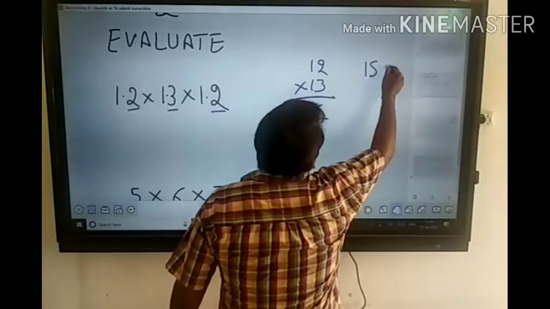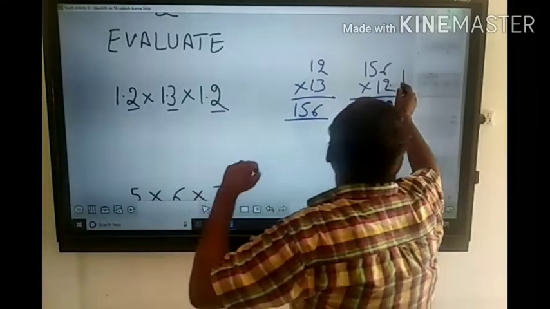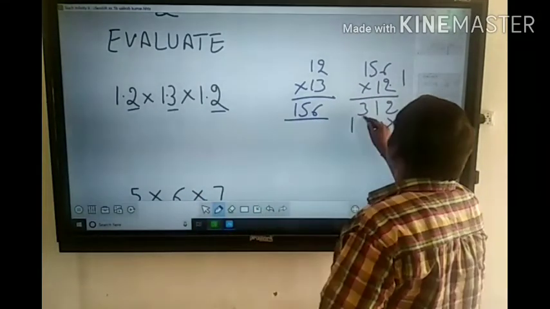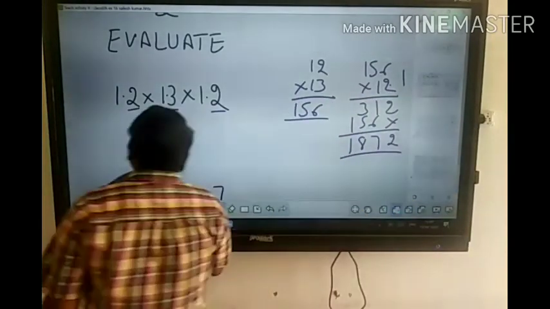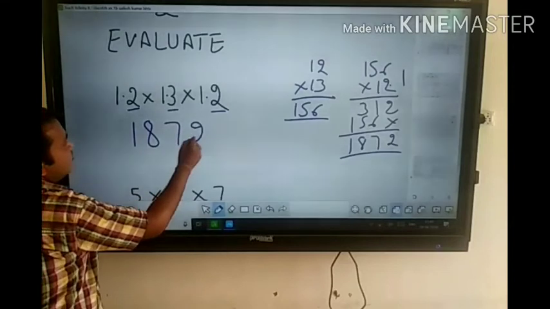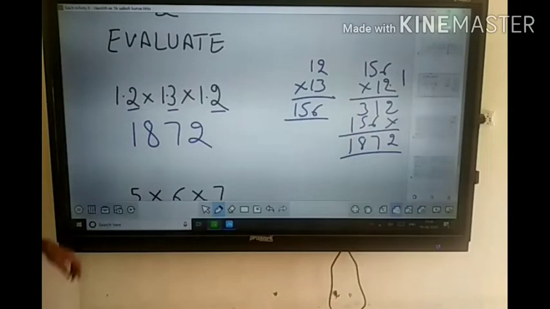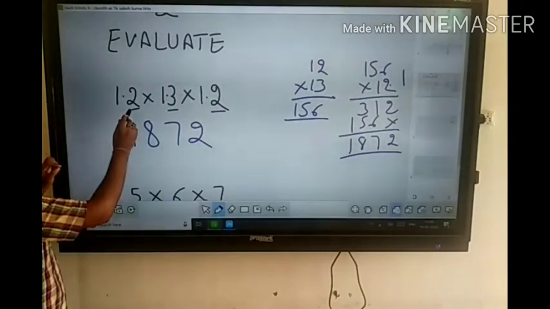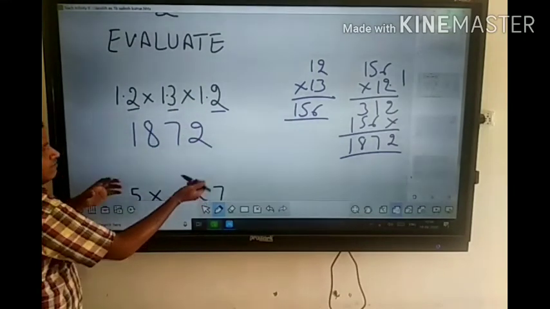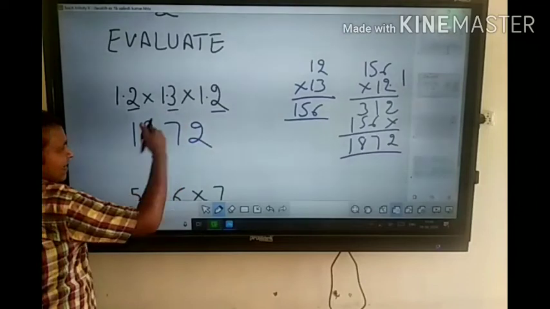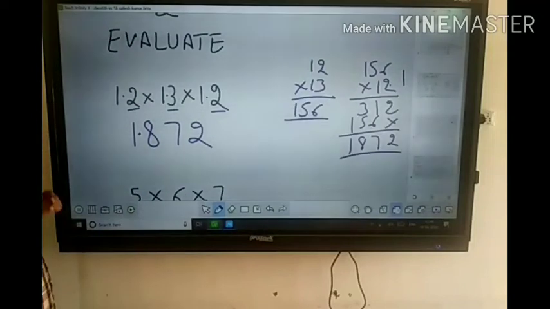And now 156 multiply with this 12, that is 1872. So the answer is 1872. Now the question is, where will I have to write the decimal symbol? As I see, how many digits after the decimal are there? 1, 2, 3. So I will count from the right side 1, 2, 3 and I will place the decimal here. So this is my answer.